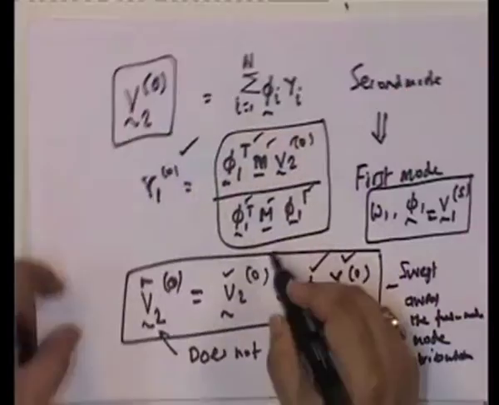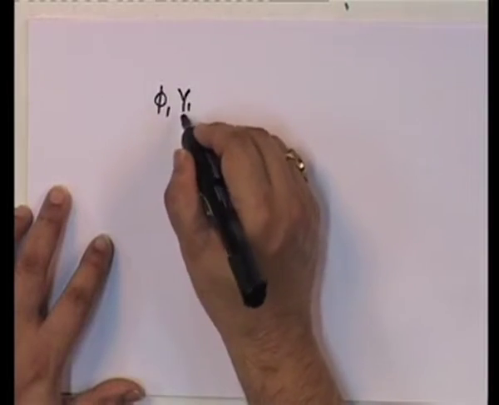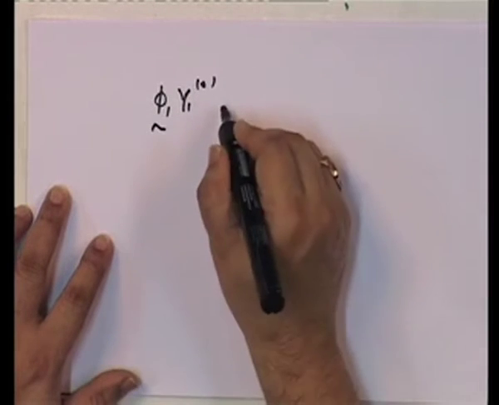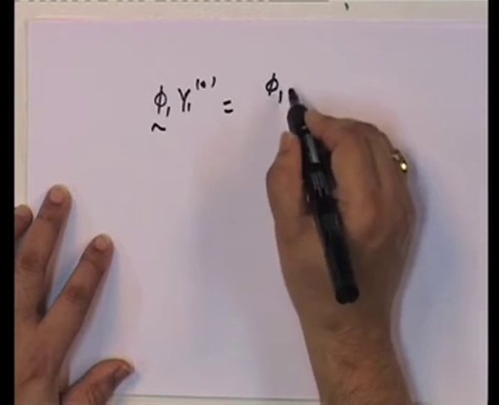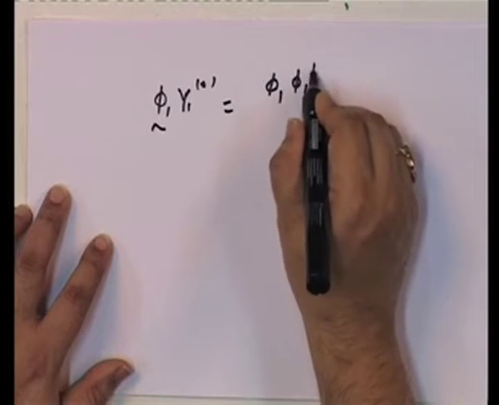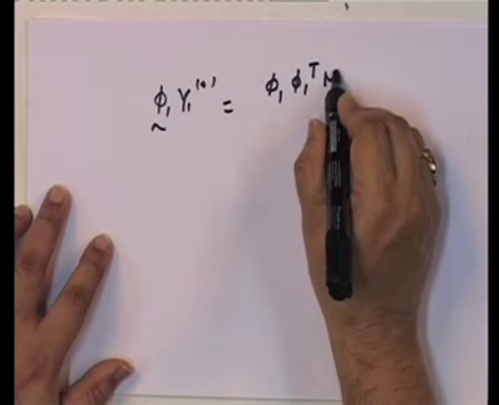So now what happens over here is that you get, now note that if you look at this particular one, okay, let me rewrite this in a specific way. So what we are doing is you have phi 1 y1 0. This is equal to phi 1 into phi 1 transpose into m.